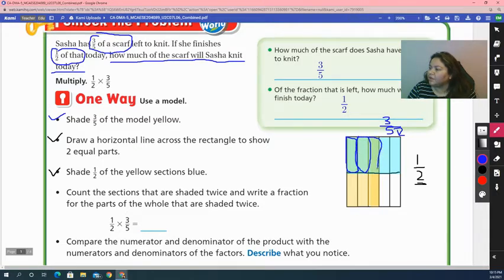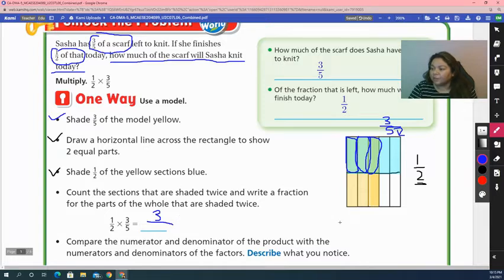So it's 3 squares that are shaded twice. These 2 on the side are only shaded once by the blue. And these 3 yellow ones are only shaded once. The ones that are shaded twice are these 3. So that's going to be my numerator, 3, because I have 3 squares that are shaded twice.